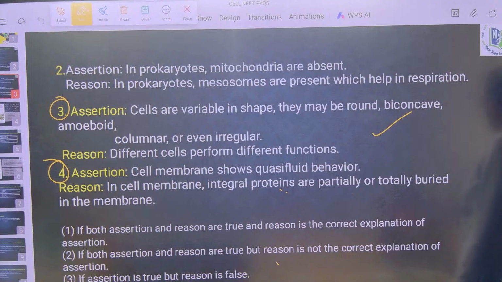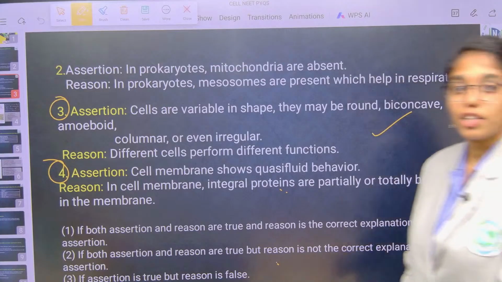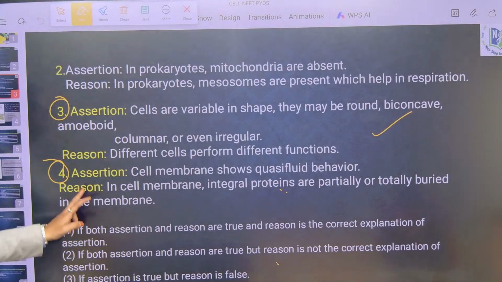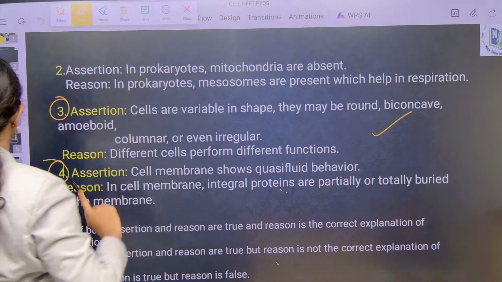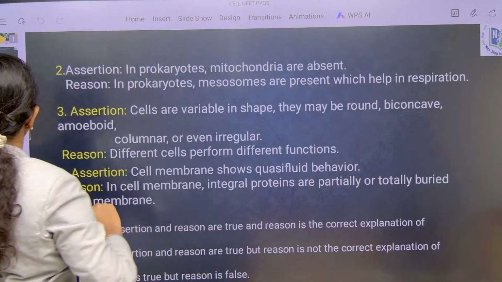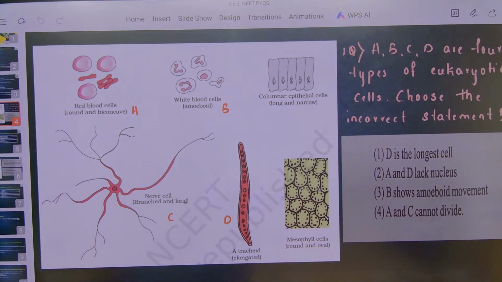Cell membrane shows quasi-fluid nature. In cell membrane, integral proteins are partially or totally buried in the membrane. Partially? They are totally buried in the membrane. Partially or totally. So what, A is true and? Yes. Next question, on shapes of the cell.